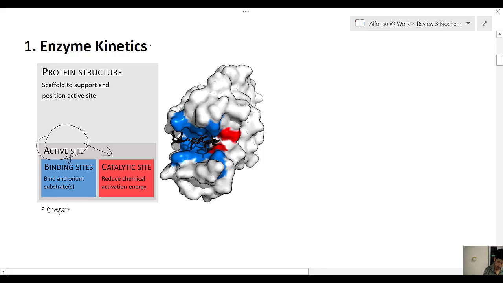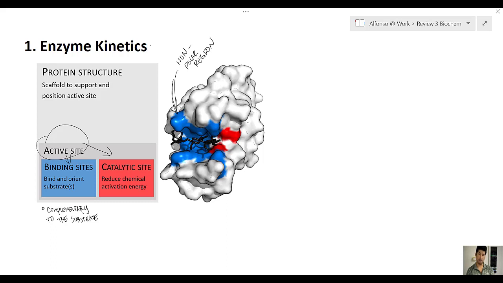Something that's very important for you to know about the binding site is that it is complementary to the substrate. What that means is that it's complementary to the molecule so that it can actually attract the molecule. So let's pretend that this blue region on this enzyme is a non-polar region.